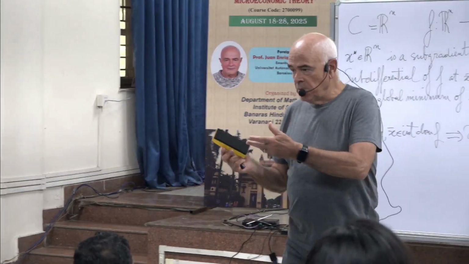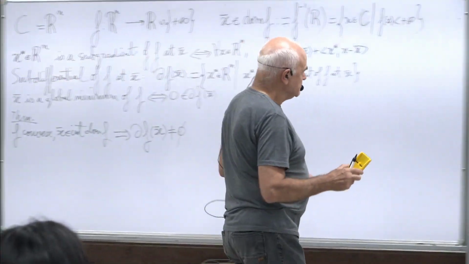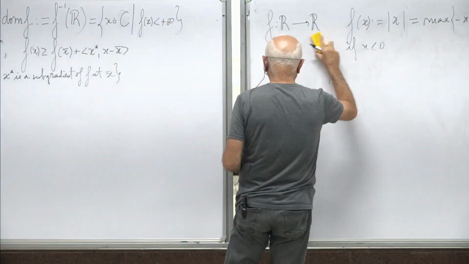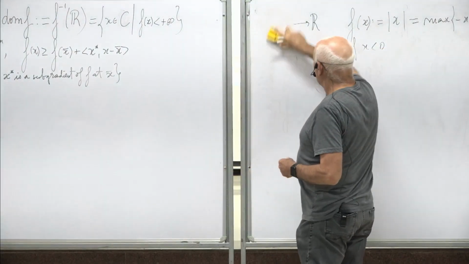When we talk about the supporting hyperplane, it is of a set. So you are right, there is an equivalence between supporting hyperplanes to the epigraph of the function and subgradients. In fact, I was not going to mention this, but since you asked, this is a very important observation.